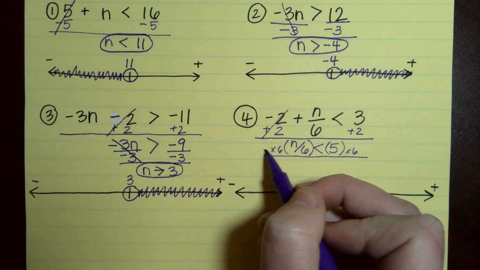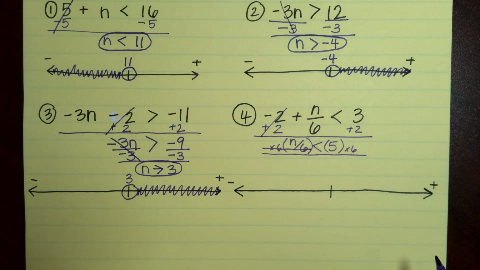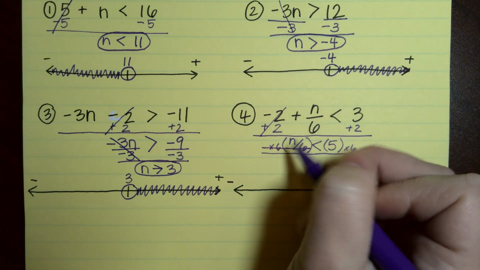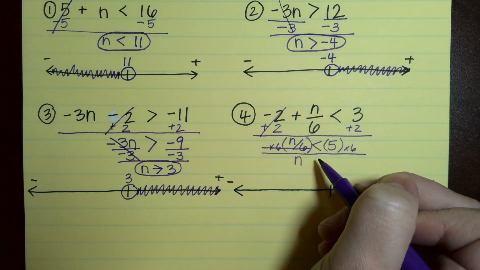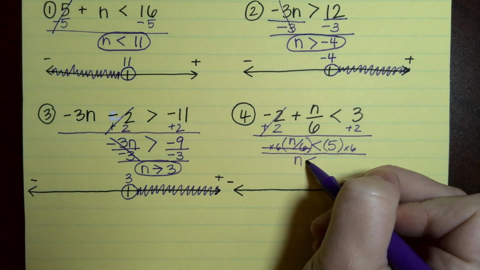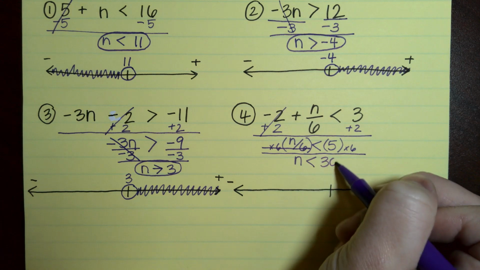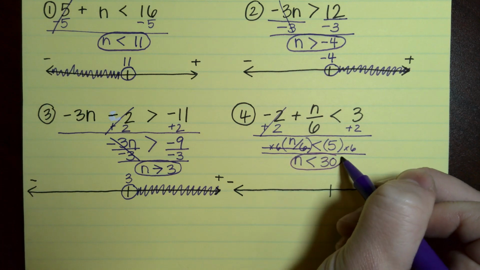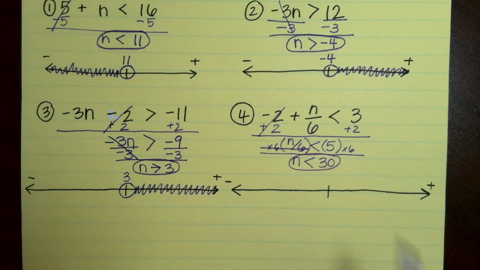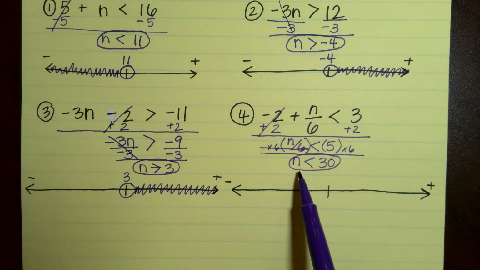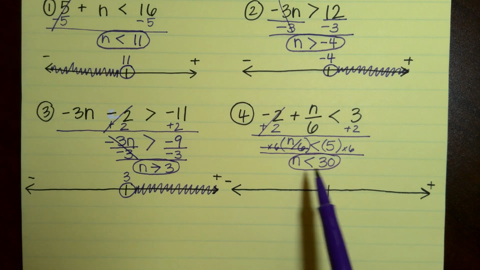Looks like my 6's will cancel. So, n is less than 30. n is less than 5 times 6, which is 30. Perfect. Okay, so remember, this means n can be any number that is smaller than 30.